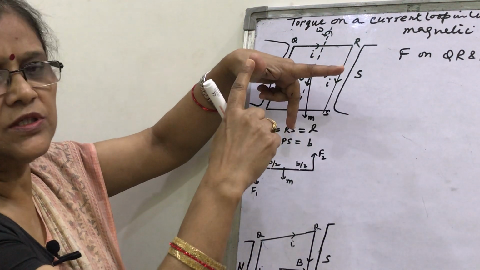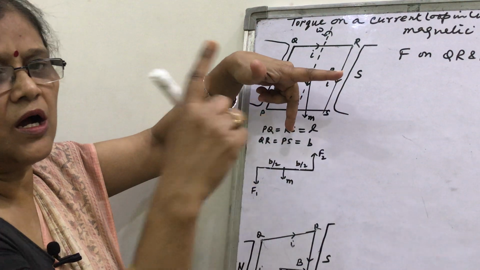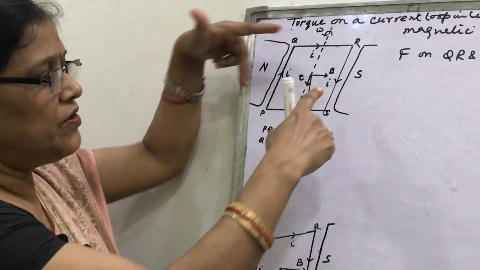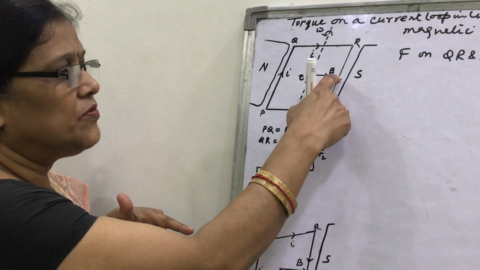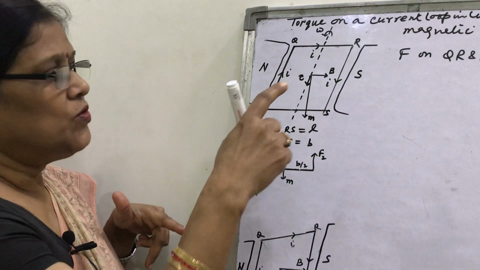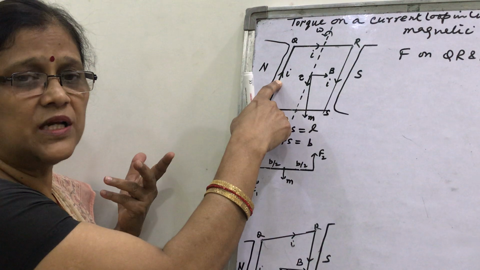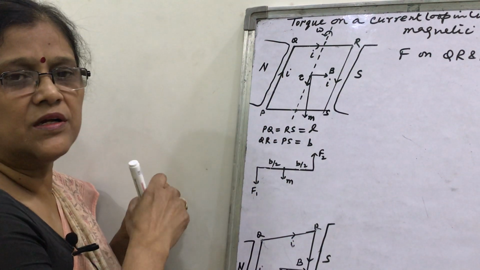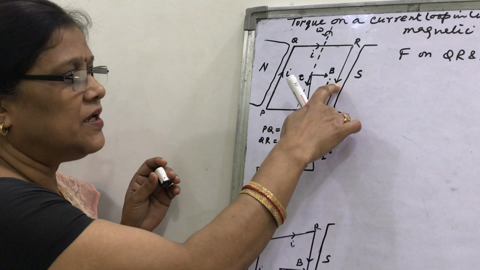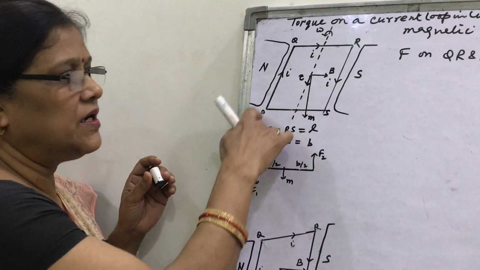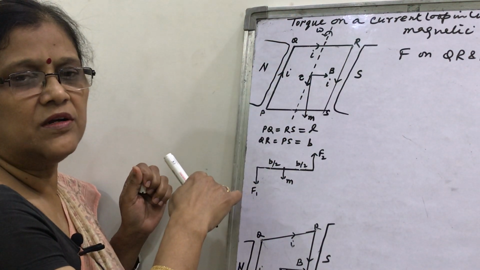What is the force? This, outward. So if at this arm the force is outward, what will be the force at the other arm? You can imagine yourself: downward, because here the current is opposite, upward.